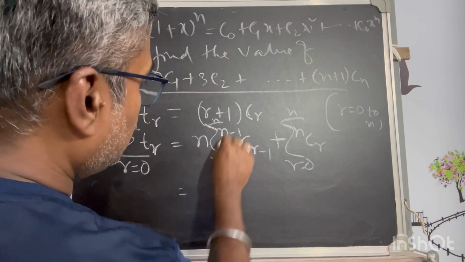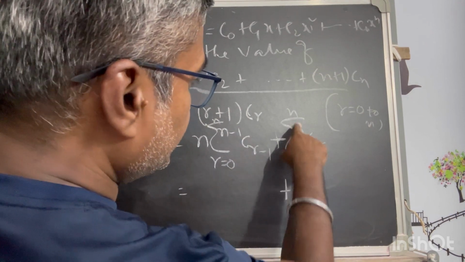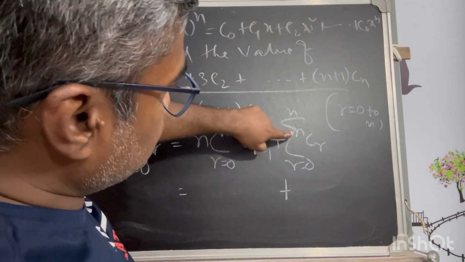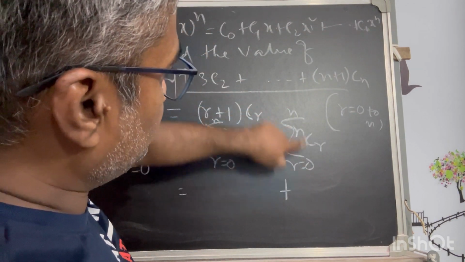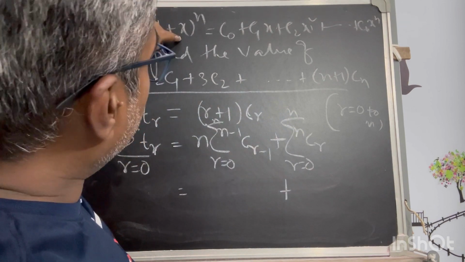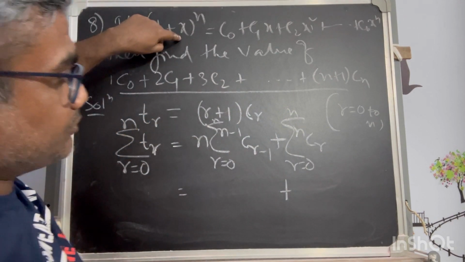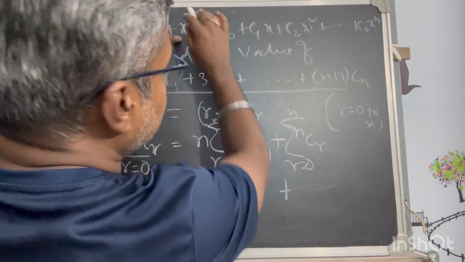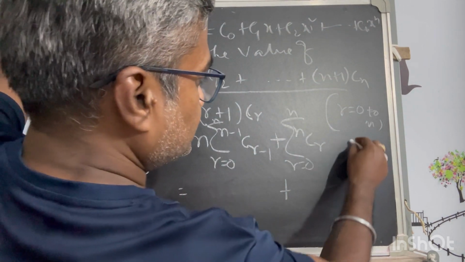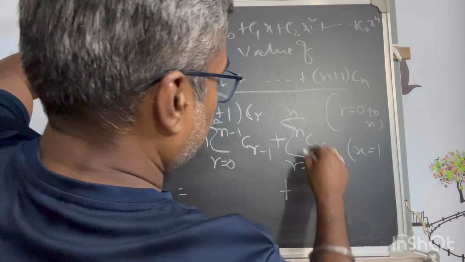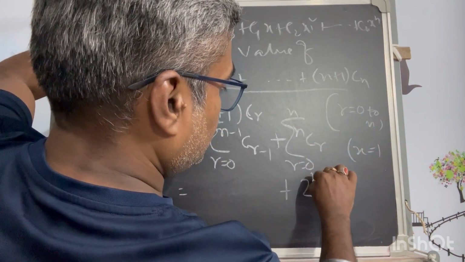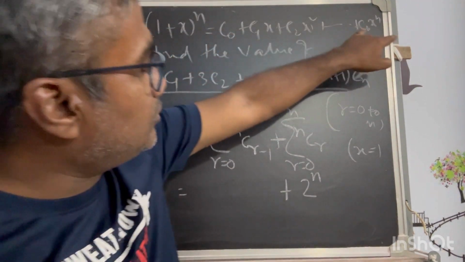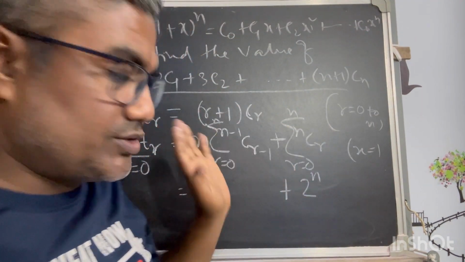Now see, in this part, this is the coefficient of all, where n is 0, r is 0 to n, and x is equal to 1. I can say this is giving the sum of all the coefficients in this series, where x is equal to 1. So putting x is equal to 1, this is nothing but 2 to the power n. This is giving the sum of all the coefficients.